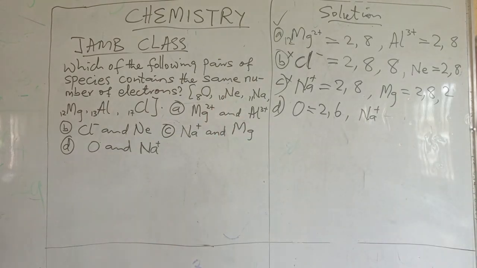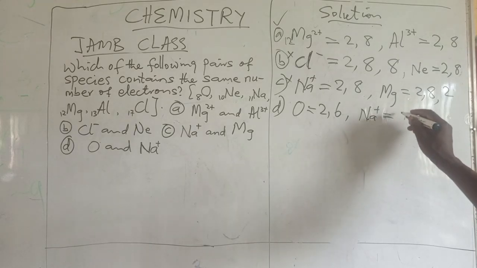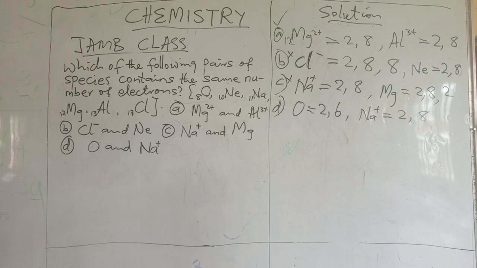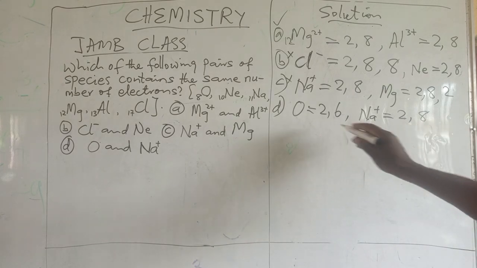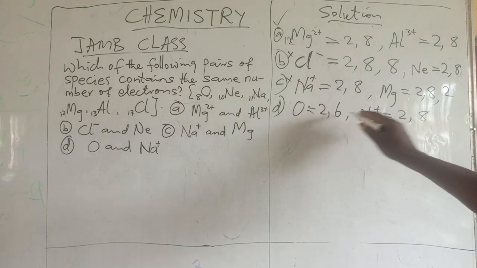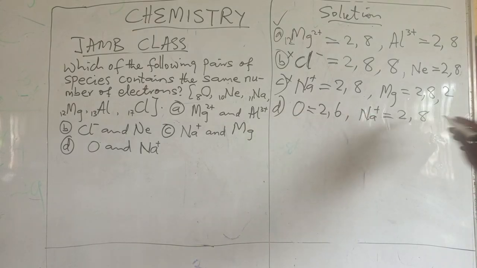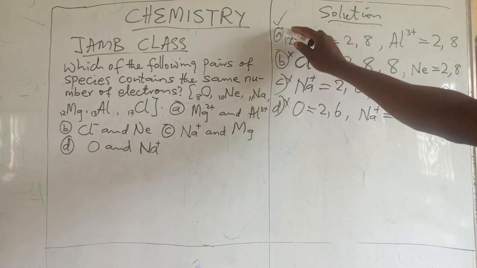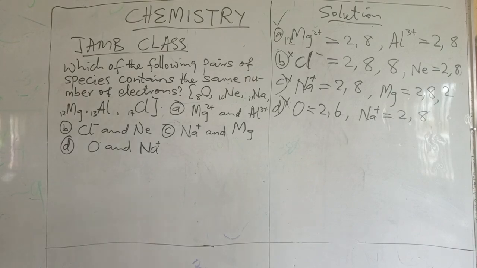How many is remaining? 10. So you write the electronic configuration of that 10, which is 2 and 8. So by the time you write that, you now see that this is 2, 6 and this is 2, 8. So they are not the same. The correct option remains A.